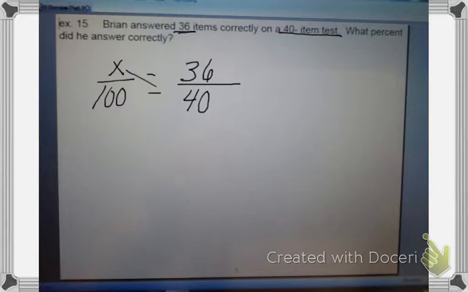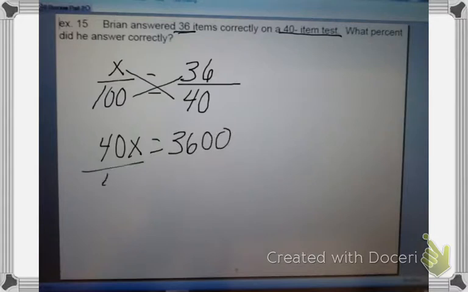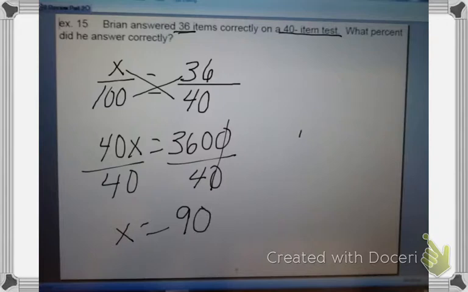I'm going to cross multiply. 100 times 36 is 3,600. Divide by 40. Again, this 0 cancels. I'm going to use mental math. 4 goes into 36 9 times, with the 0, so 90%. If you need to, go to the side and do long division, you certainly can do that.